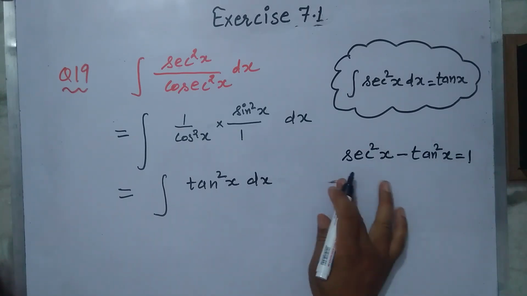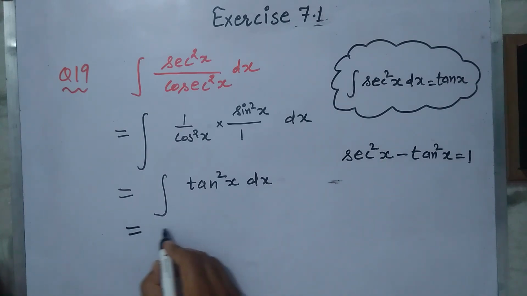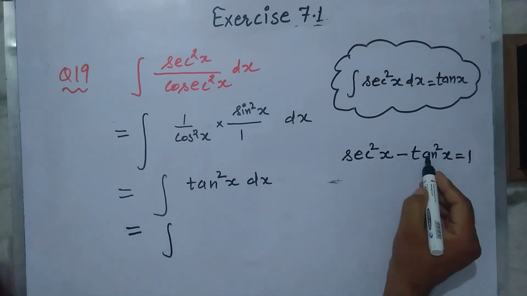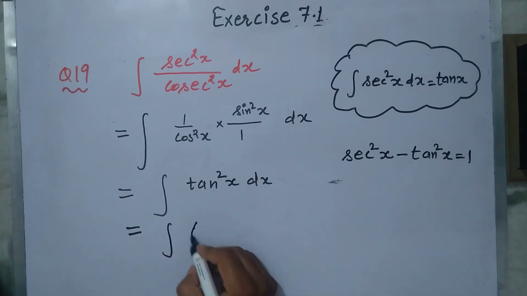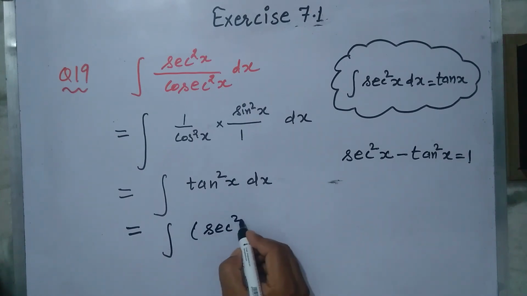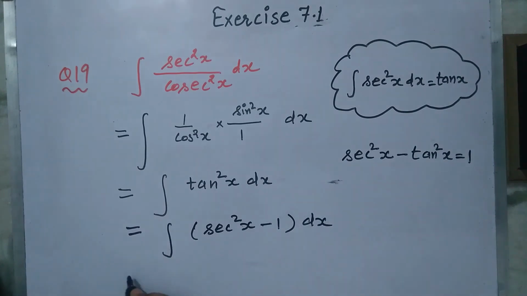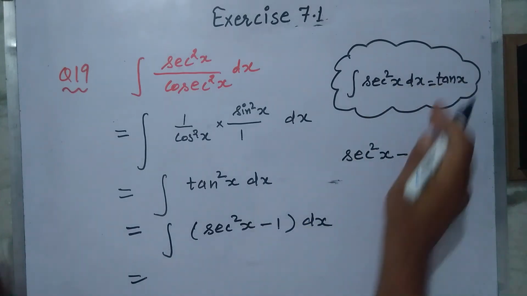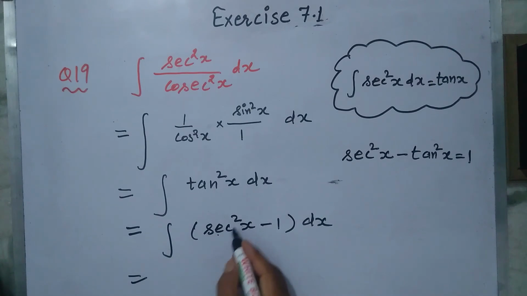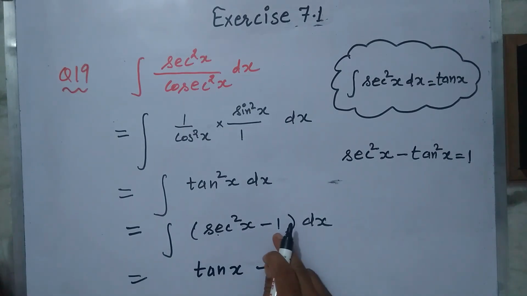That means from here we can conclude this is equal to secant square x minus 1 dx. Now according to this, integration of secant square x is tangent of x, minus integration of 1 is x, plus c, the constant of integration.